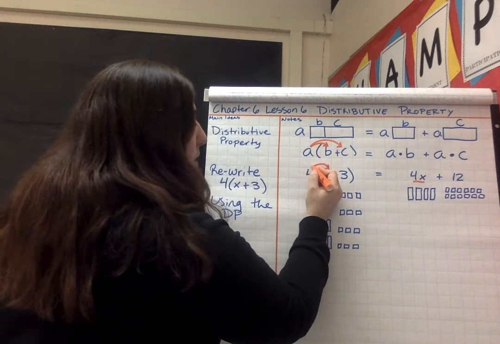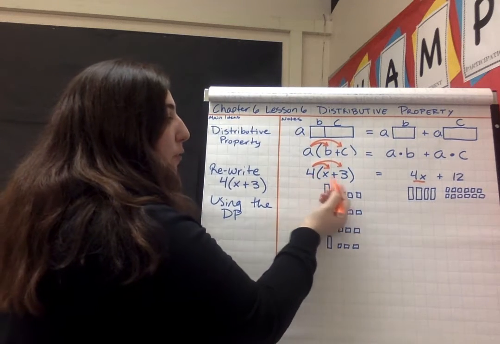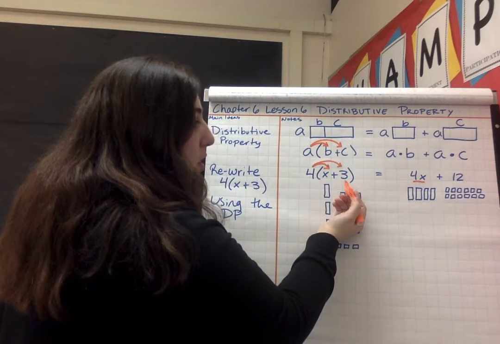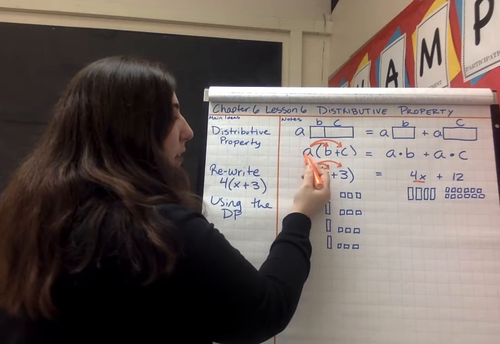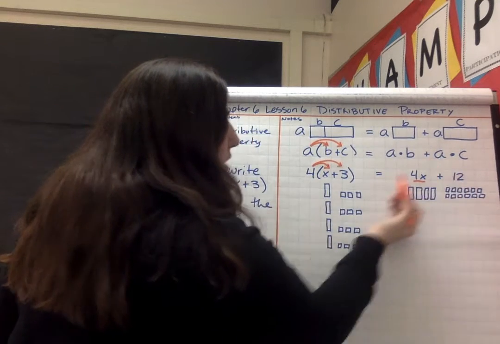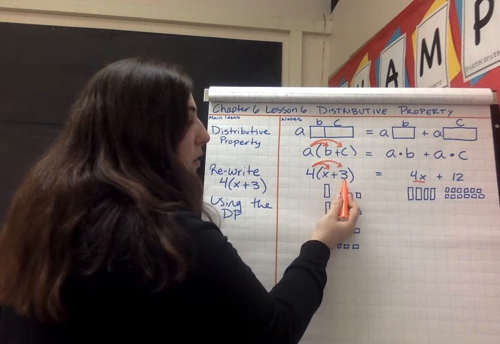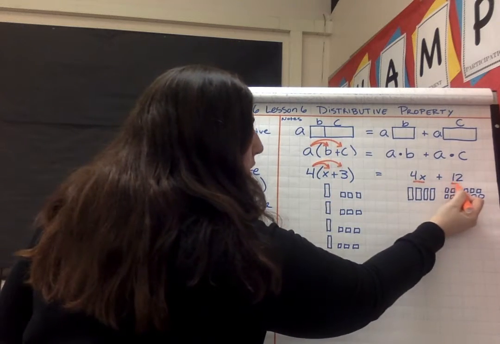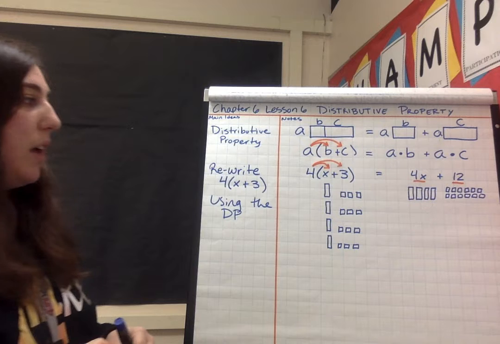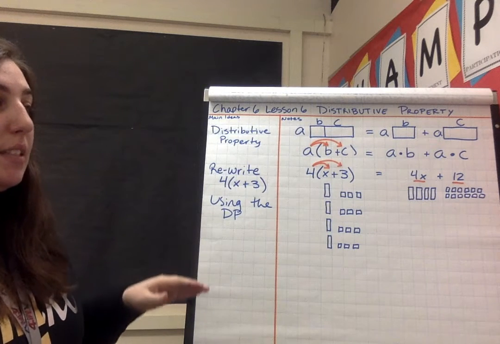And we distribute this 4 to the 3, then we're going to end up with 4 times 3. Just like when we distributed this a to the c, we had a times c, like right here. Well, now we have 4 distributed to the 3, 4 times 3 is 12. Okay? All right, next example.